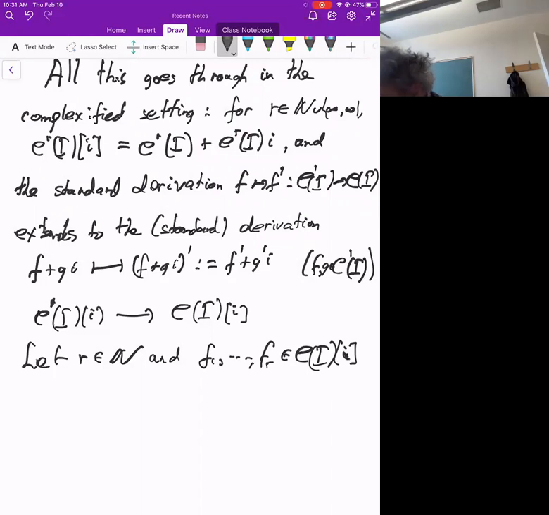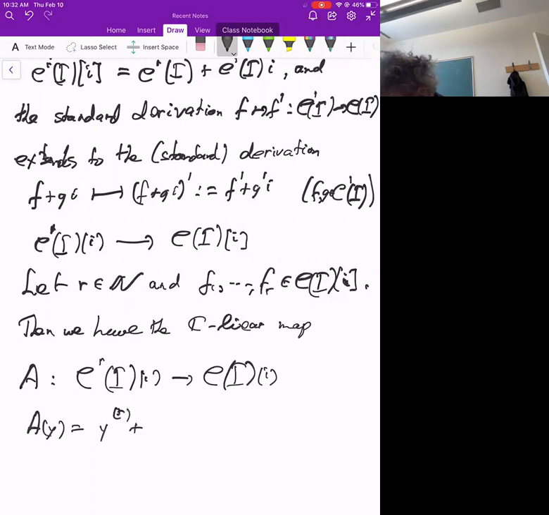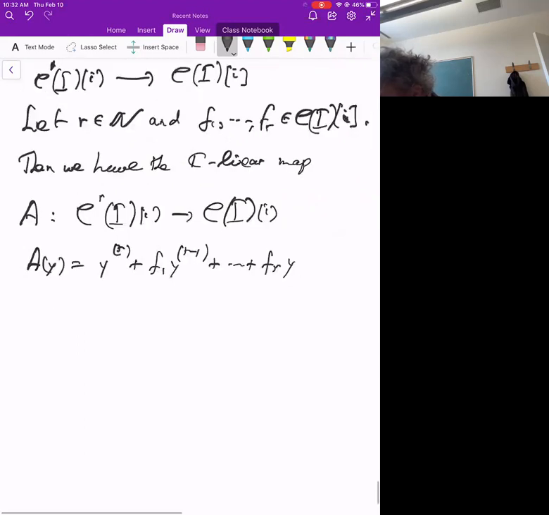And then instead of R-linear, we have now the C-linear map A from C^r(I) to C(I), and A is now, as before, the same kind of operator. Okay.